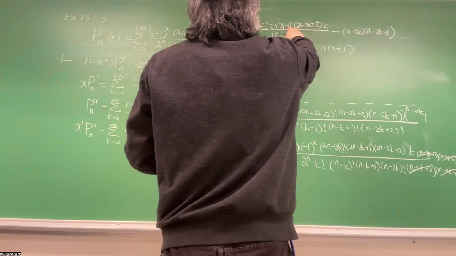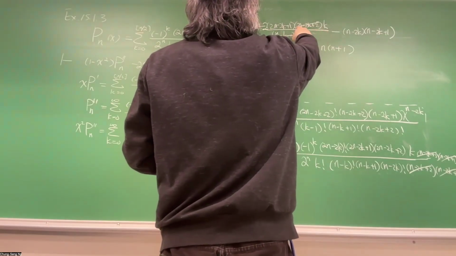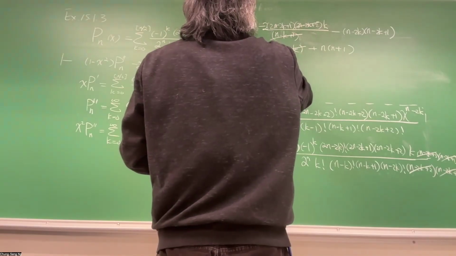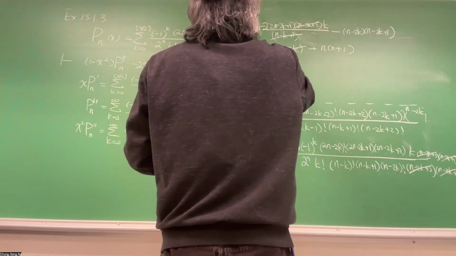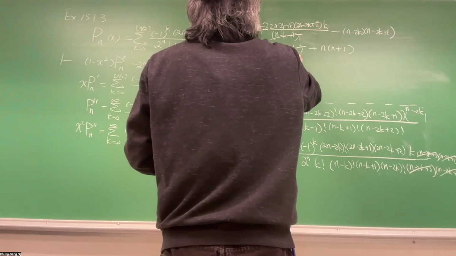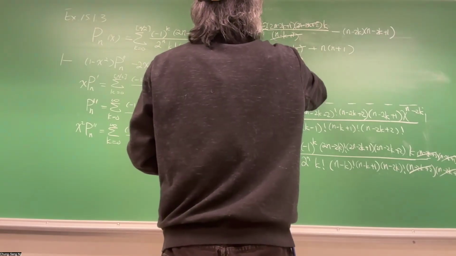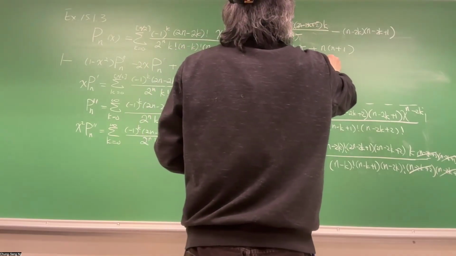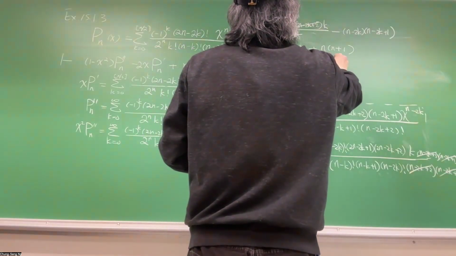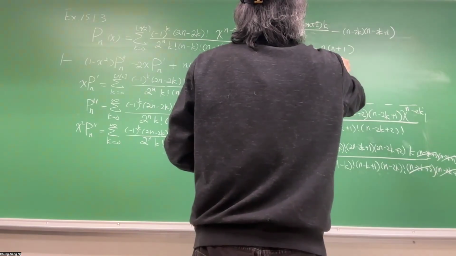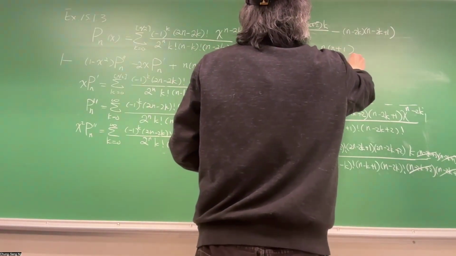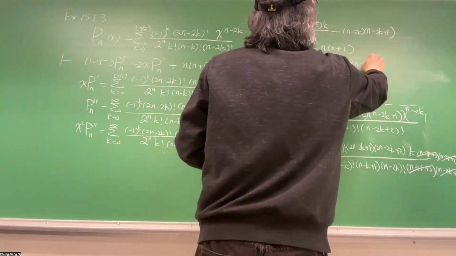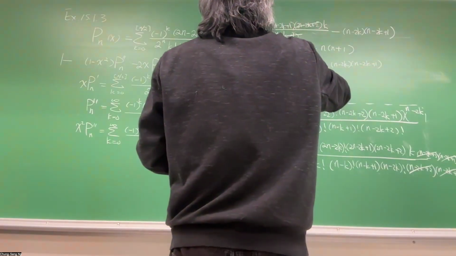Now you just have this multiplied together, so minus 2k and minus 2k plus 1, minus 2k minus 2k plus 1. Wait.